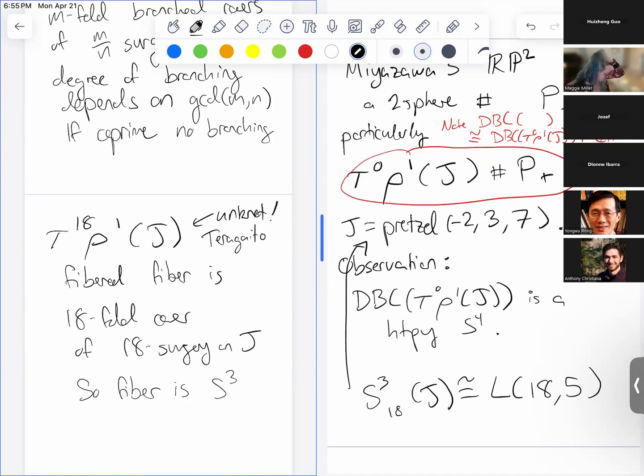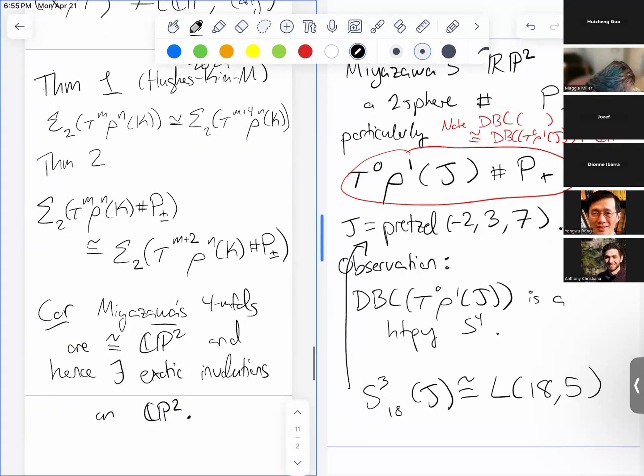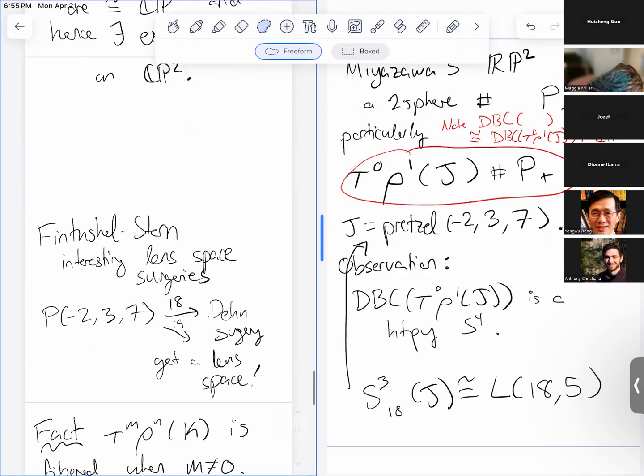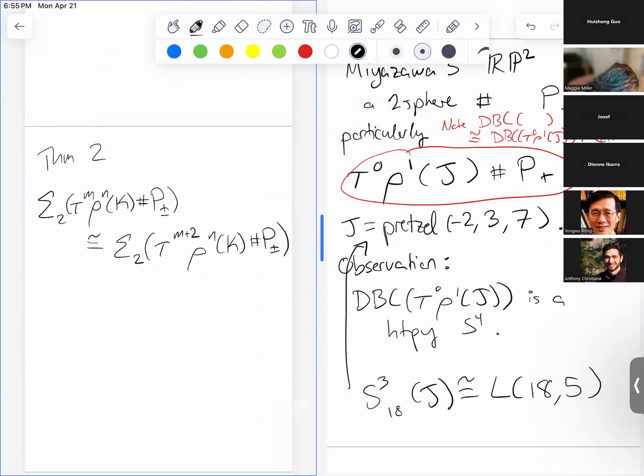Okay, so let's put all these things together. We have this theorem about branched covers. I'm going to use the Theorem 2 version. Let me just copy this. Okay, so this tells us that in this particular case, the double branched cover, and for Miyazawa, we're looking at tau 0, rho 1 of this particular knot J, connected sum P plus. Well, I can add any even number of twists here.